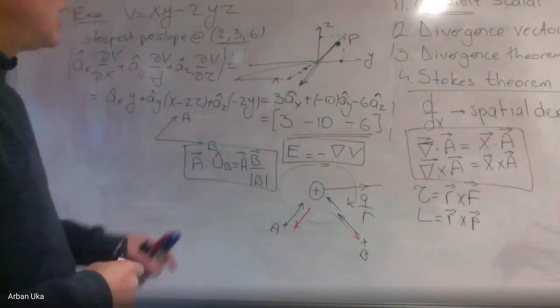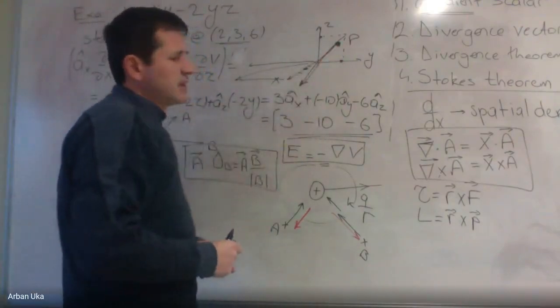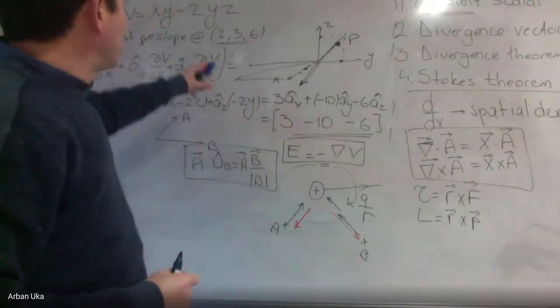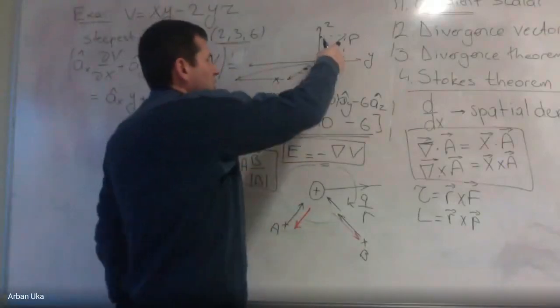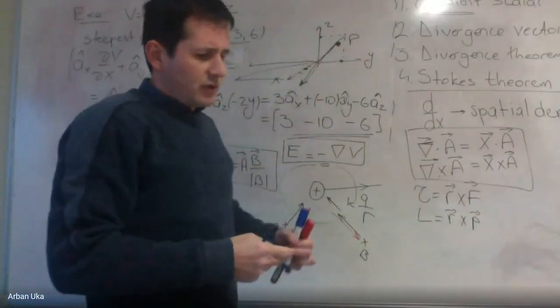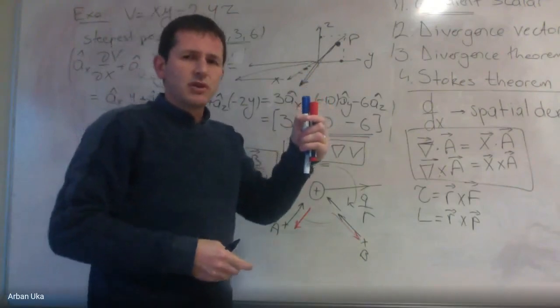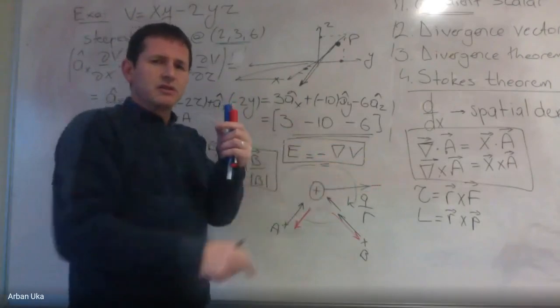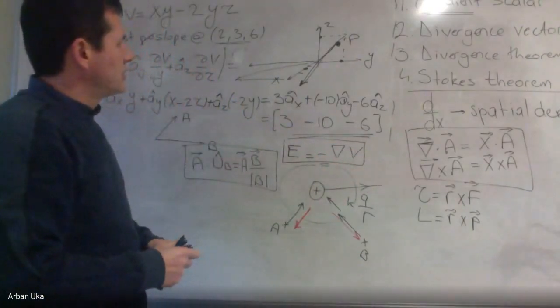Now, I tried to do my best in drawing this figure, okay? But now let's ask this question. What is the change of this potential along the direction toward the origin? So this means the following. We are at some point in space, but we want to check what is the slope of this potential if we are looking toward the point which is (0, 0, 0), the origin of the coordinate system.